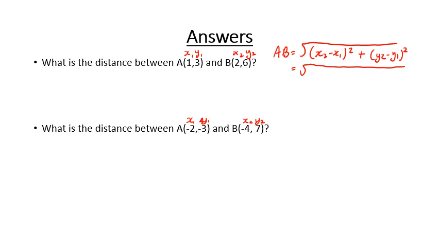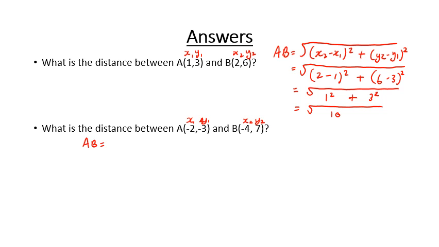This becomes 2 take away 1 all squared plus 6 take away 3 all squared, which becomes the square root of 1 squared plus 3 squared. Now 1 squared is 1, 3 squared is 9, so 1 plus 9 is 10.